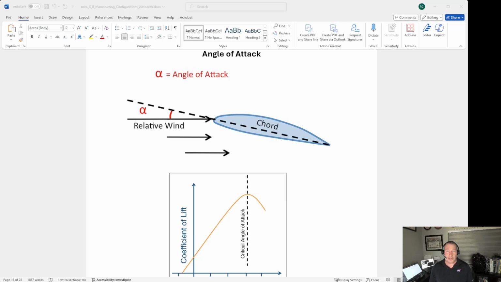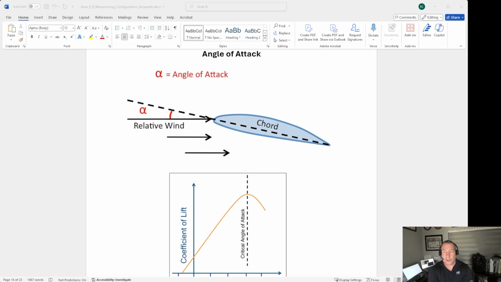So let's get started. If you look at the top drawing, you'll note that the angle of attack is depicted here as the relative wind and the angle at which it encounters the wing in flight relative to the chord line of the wing.